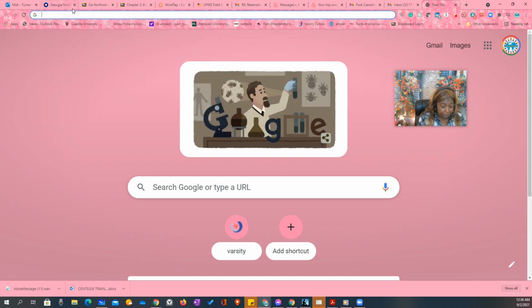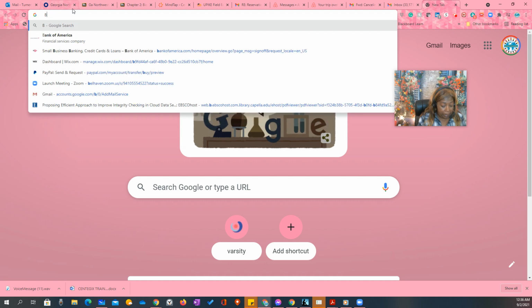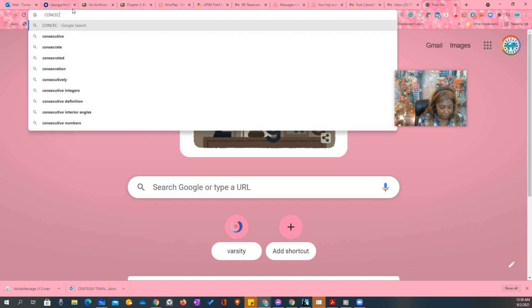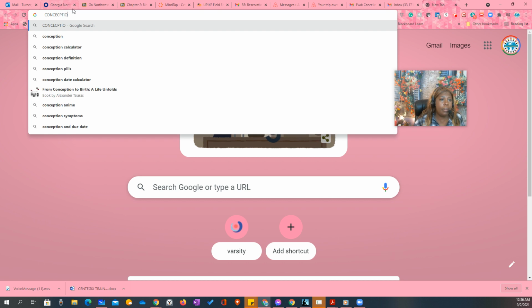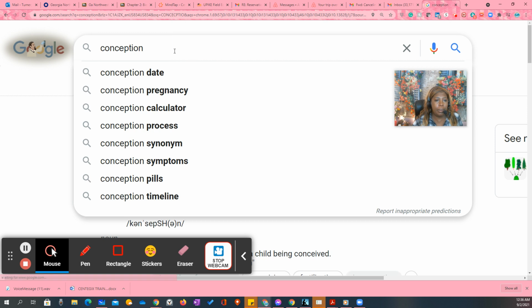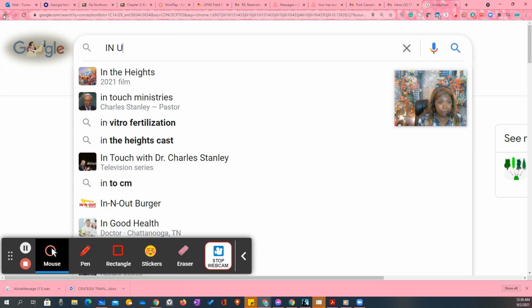Many of you that have had babies or will have babies, you've looked at that book, like What to Expect When You're Expecting. Let me look at in utero.